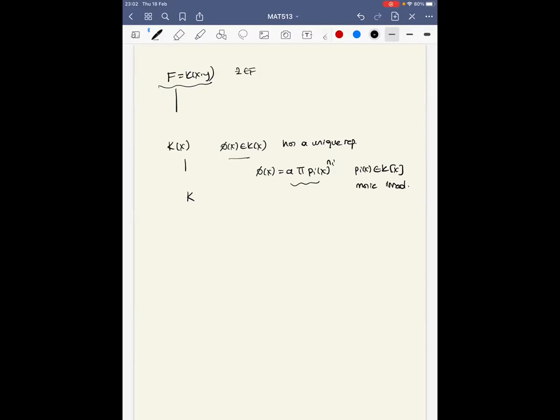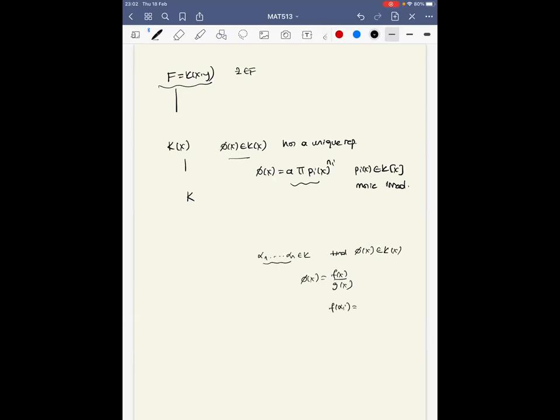Another problem which is also related to this unique representation: given some algebraic elements alpha i, we want to find rational functions phi that contain these alpha i's as zeros and poles.